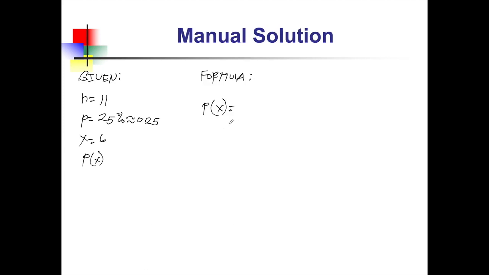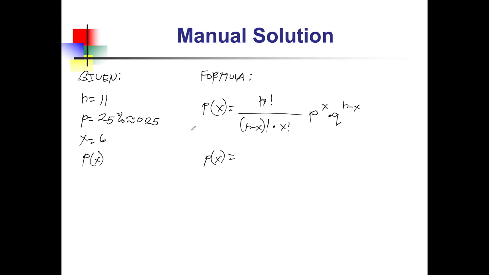Let's rewrite first N factorial over N minus X factorial multiplied by X factorial. Multiply again by P raised to X, which is the positive, and multiply by Q raised to N minus X. So, let's have here P of X.